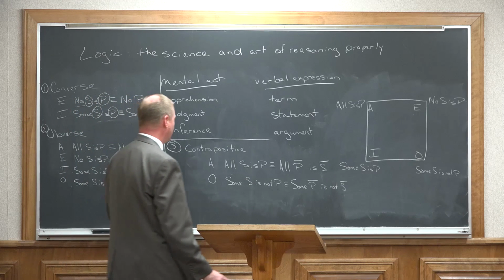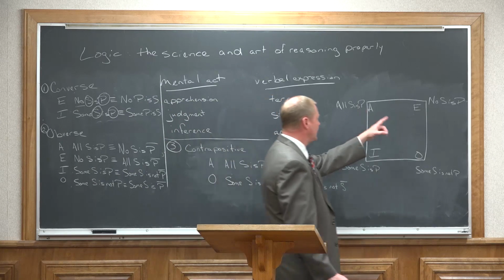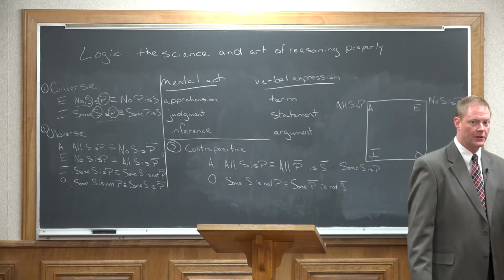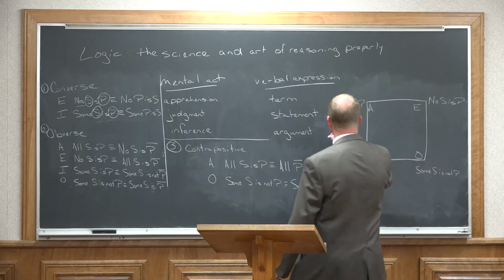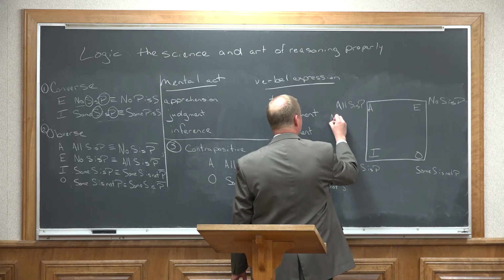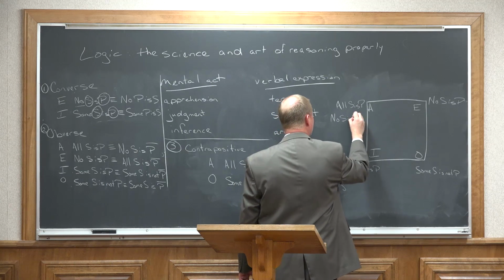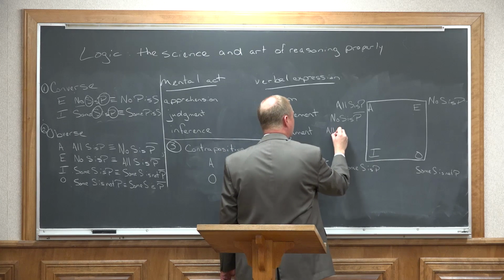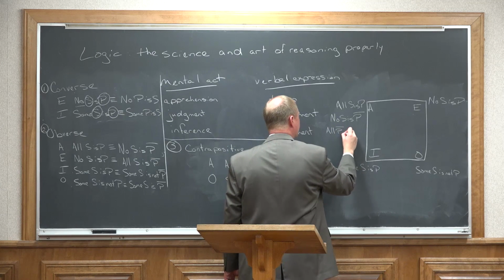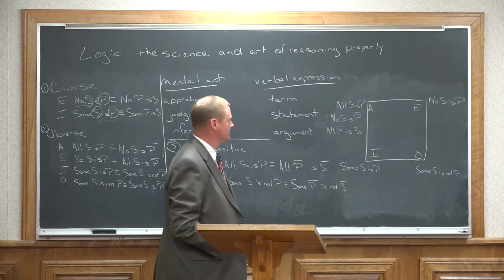Now, here's what you need to understand. For each of these statements, A, E, I, and O, there are two immediate inferences that can be made. For the A statement, all S is P. No S is non-P. And all non-P is non-S.